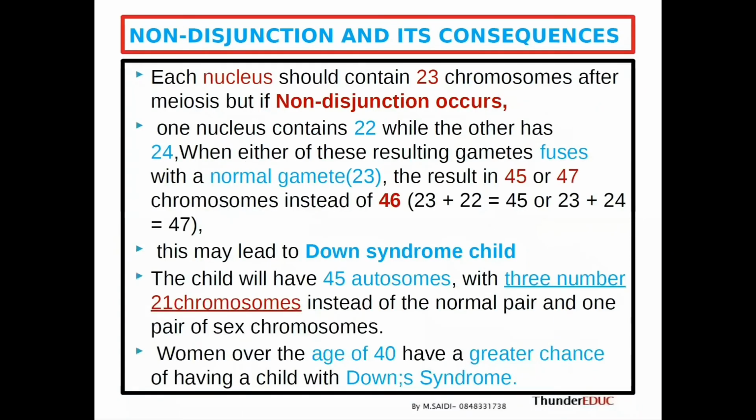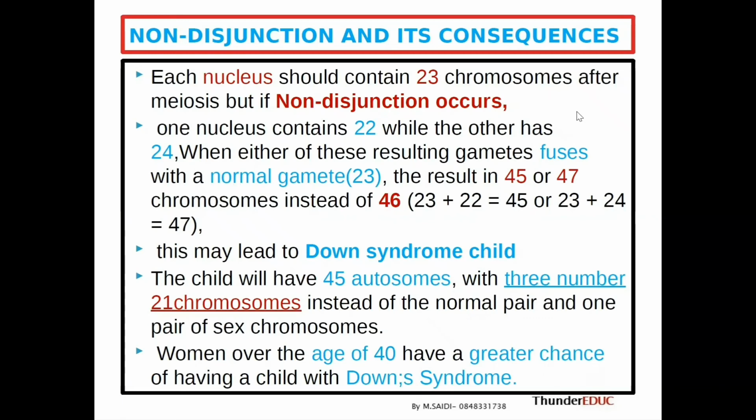We'll move to the next slide. Each nucleus should contain 23 chromosomes after meiosis, but if non-disjunction occurs, one nucleus contains 22, while the other contains 24.